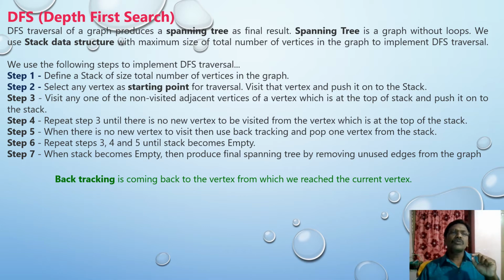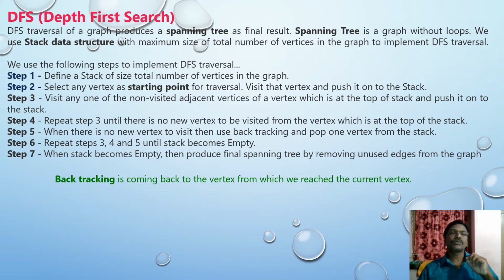How to visit the traversal using DFS, the algorithm has the following steps. The first step, define a stack of size equal to the total number of vertices in the graph. It means initially count the total number of vertices and create the stack.